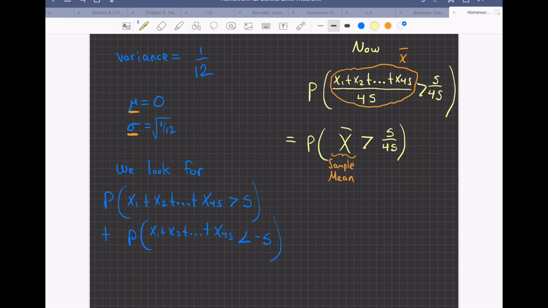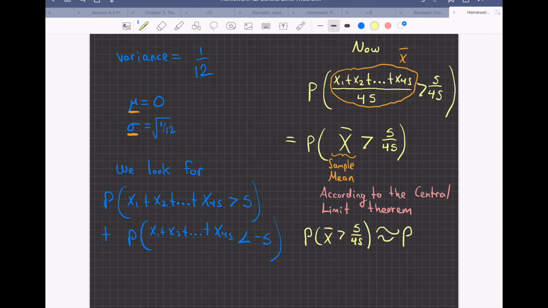But this is what? This is the sample mean. Now, this sample mean, according to the central limit theorem, this probability is approximately the probability that, no, I'm sorry, I forgot something.